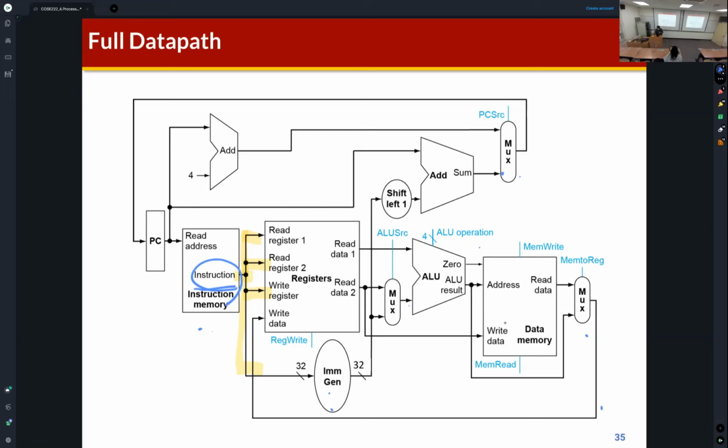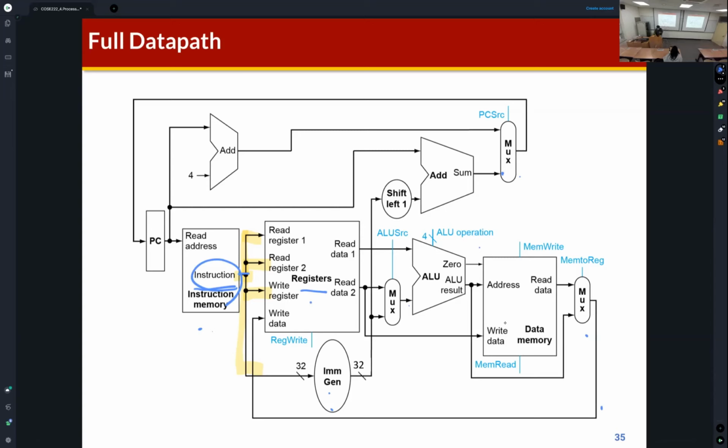So we can find some line connections. This instruction is given to the register file, like the read register number 1, read register number 2, and write register number 5. So we already know that only some fields are delivered to the register file, right?